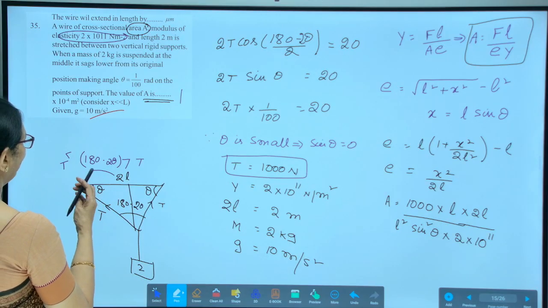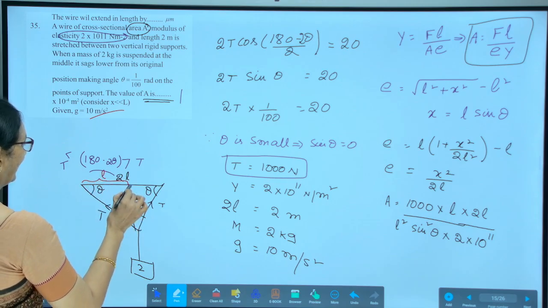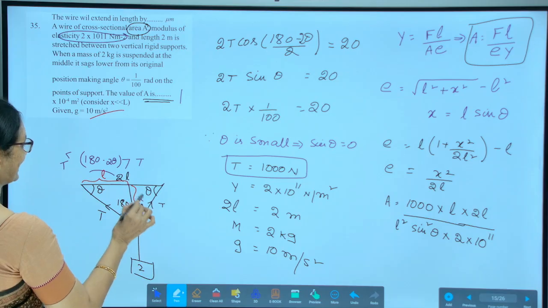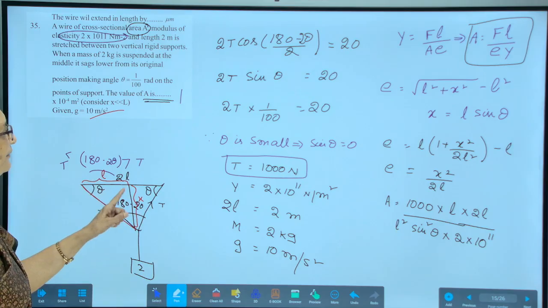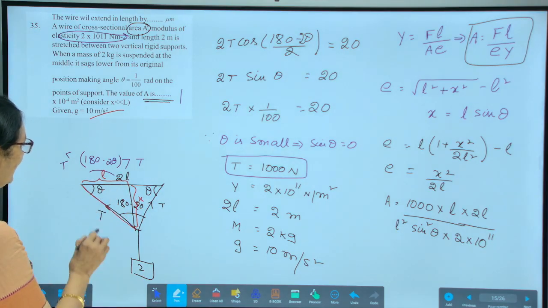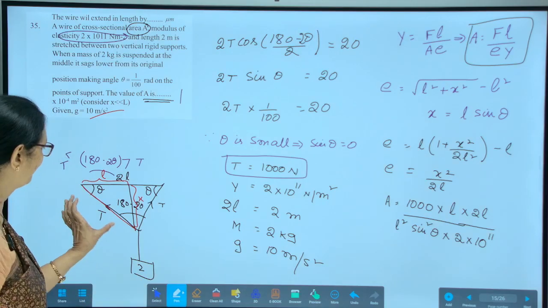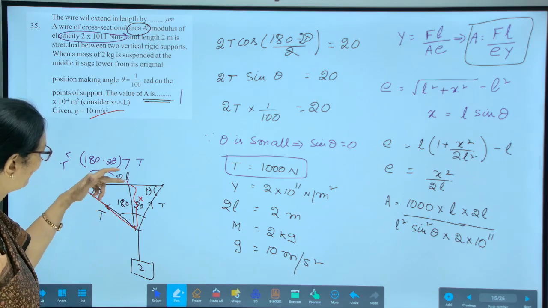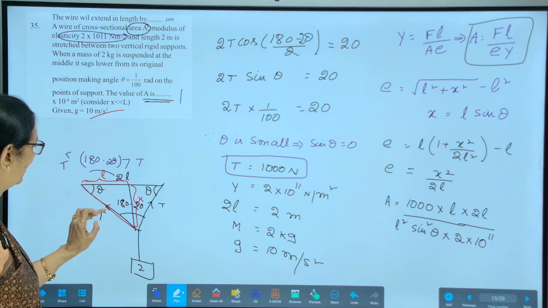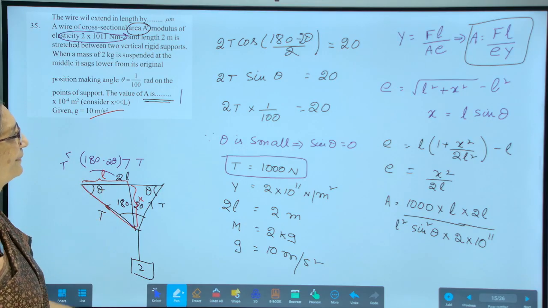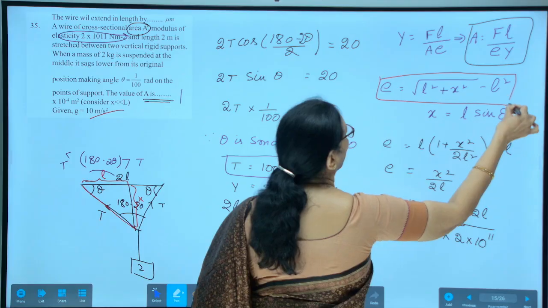I am taking this portion of length as L here, and this as x here. From this right angle triangle, this side will be root of L square plus x square. So extension, this is the most important part of the problem. Extension produced is this minus this. We are considering only this part. So root of L square plus x square minus L is the extension produced, right?